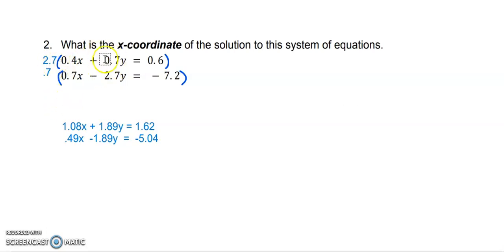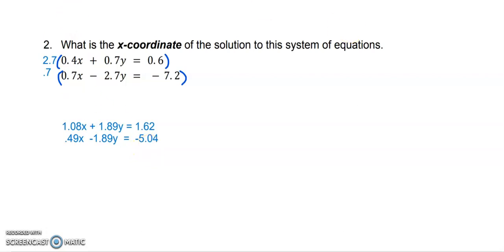So 2.7 times 0.4 is 1.08, 2.7 times 0.7 is 1.89, 2.7 times 0.6 is 1.62, and then 0.7 times 0.7 becomes 0.49, 0.7 times 2.7 becomes 1.89, and then 0.7 times -7.2 becomes -5.04.